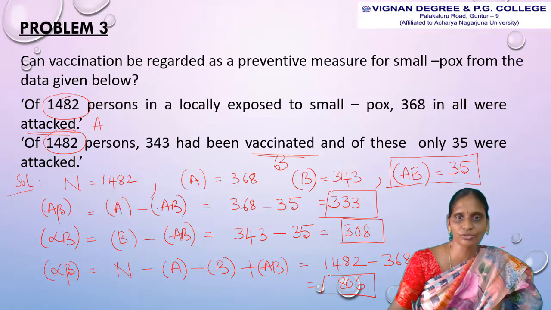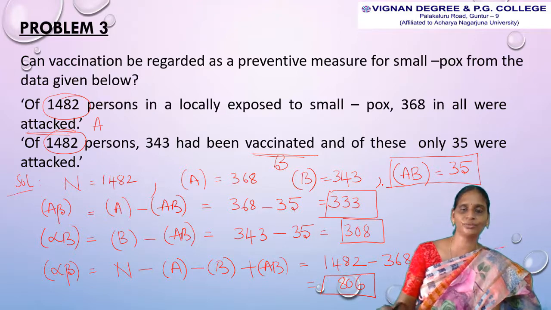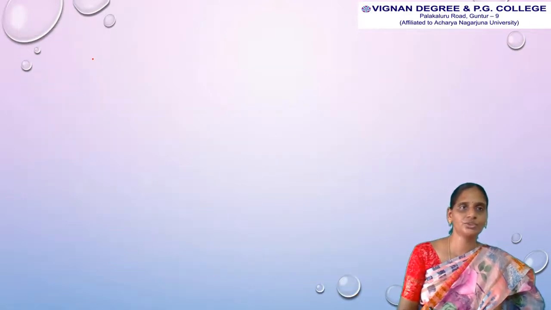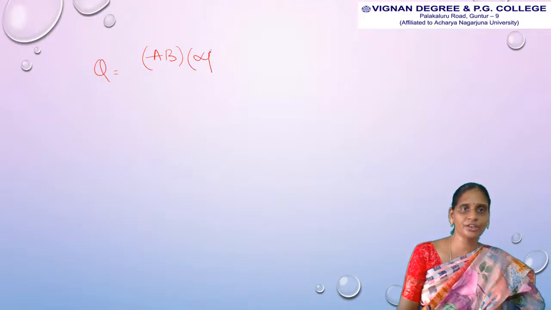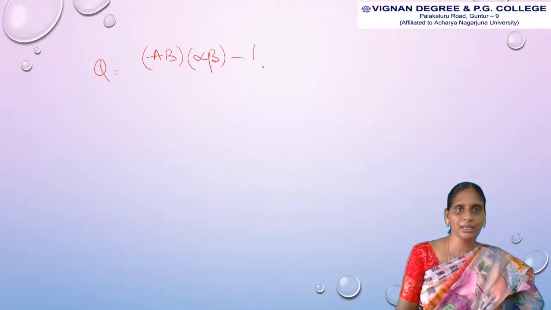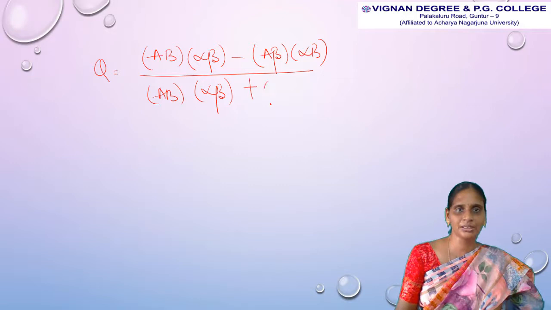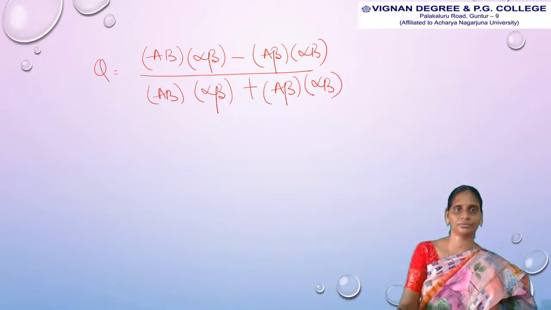Based on these four values, we find the value of Q. Now the formula is like this: Q is equal to frequency of AB into frequency of alpha beta minus frequency of A beta into frequency of alpha B, divided by frequency of AB into frequency of alpha beta plus frequency of A beta into frequency of alpha B.